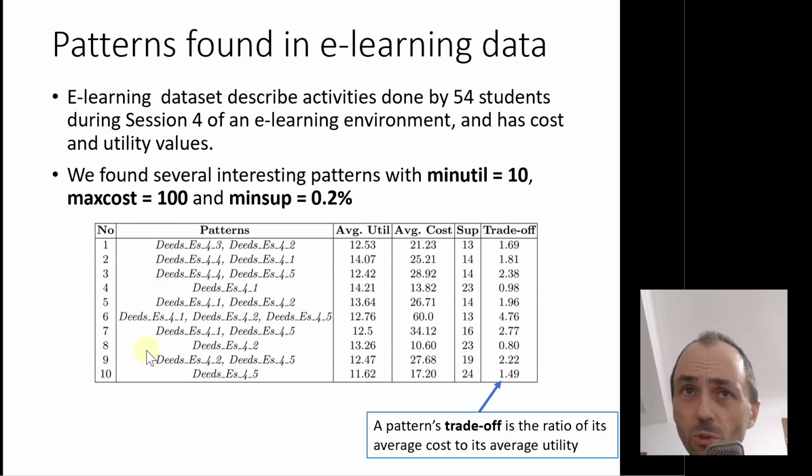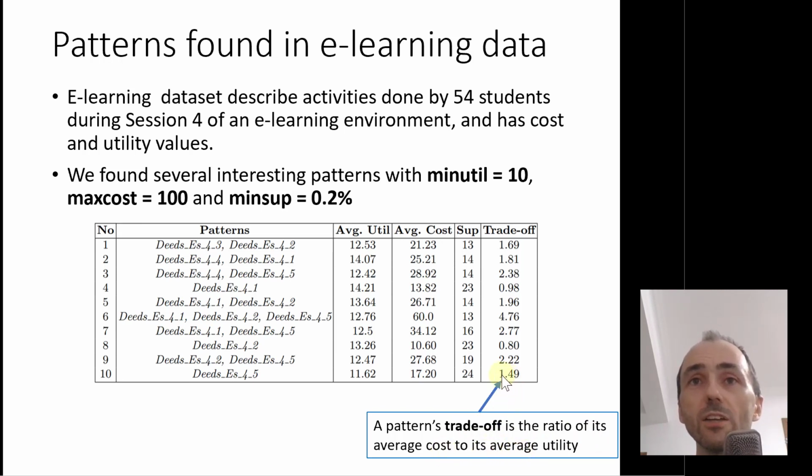So here I show you some patterns we find in the database. Here you see some activities, and also we have the average utility to do these activities, the average cost, and the support. And also we calculate something interesting we call the trade-off. It is the ratio of the cost to the utility.